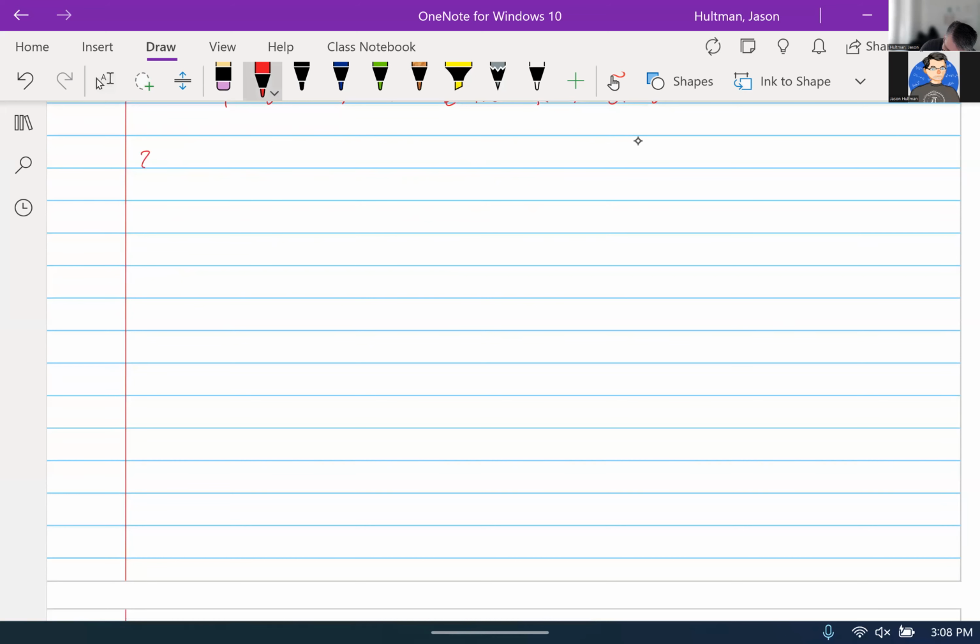Okay, example 2. Is the following set S a vector space? Okay, so we're going to define S as elements of R2, x1, x2, and we're going to define our addition property.